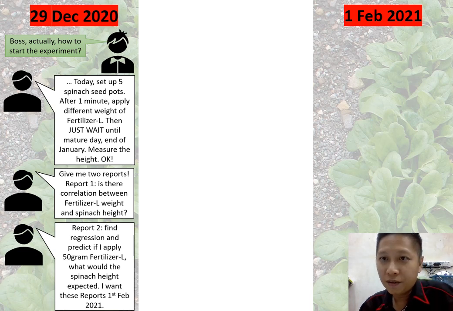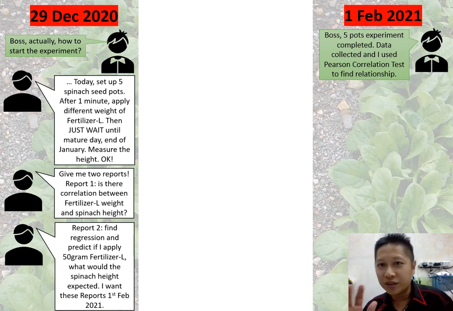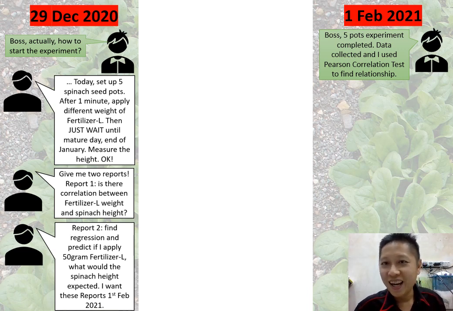It is 1st February 2021. This is the date where the plant already grow maturely, and then the staff goes and measures the height of the spinach plant. Boss, 5-pot experiment completed. I've collected the data and I use the Pearson correlation test to find the relationship.